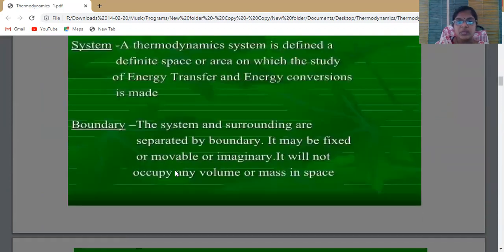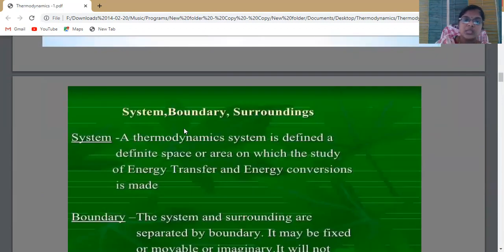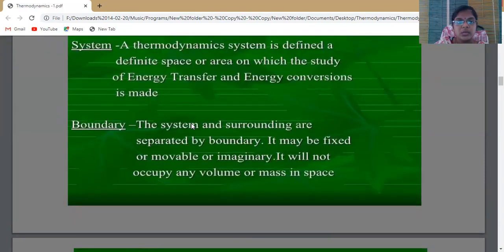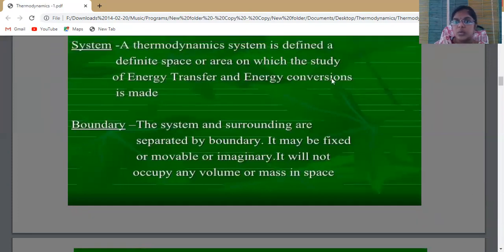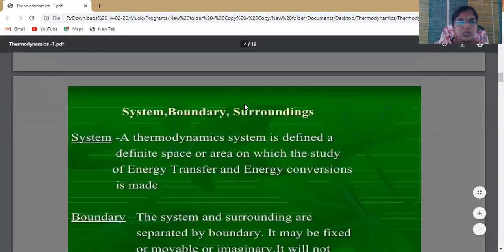So in thermodynamics, the most important terms are system, boundary, and surroundings. So what are system, boundary, and surroundings? A thermodynamic system is defined as a definite space or area on which a study of energy transfer and energy conversions is made.